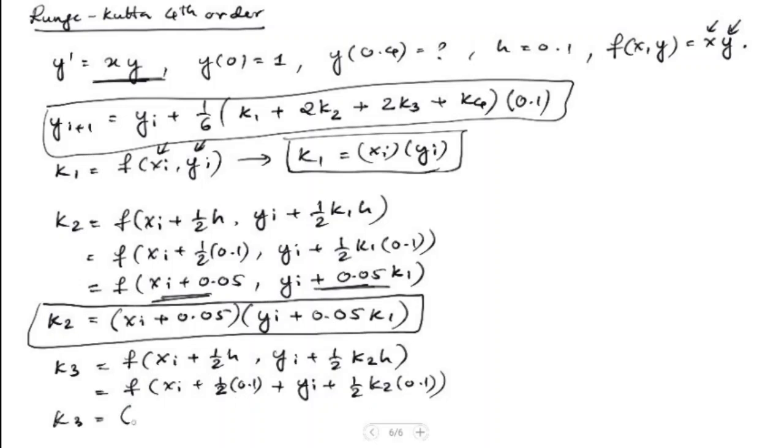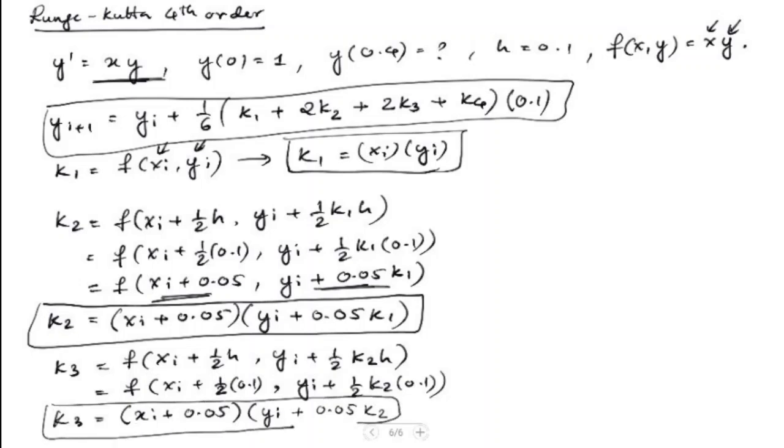The x is xi plus 0.05, times the y value, which is yi plus 0.05 times k2. So that's the formula for k3.